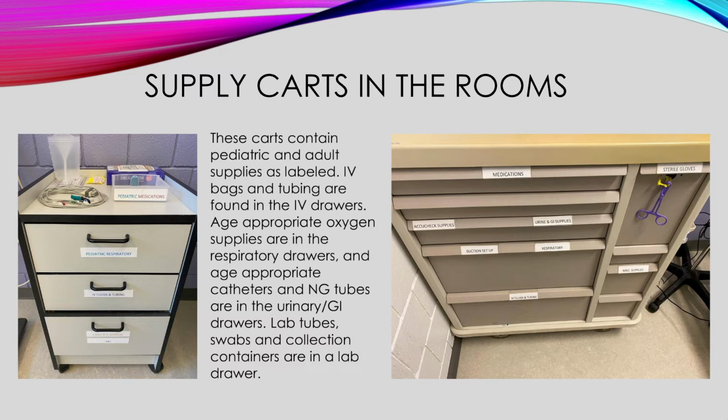And that's all found down at the bottom. And I believe there might even be the pediatric NG tubes in there as well. On top of that cart, you'll see that there's the 5-lead cardiac monitors as well. And every single room has a drug book. Every single cart has a drug book on top.